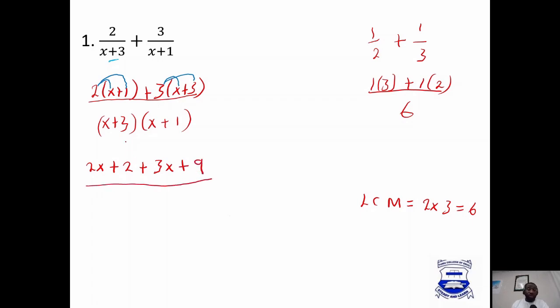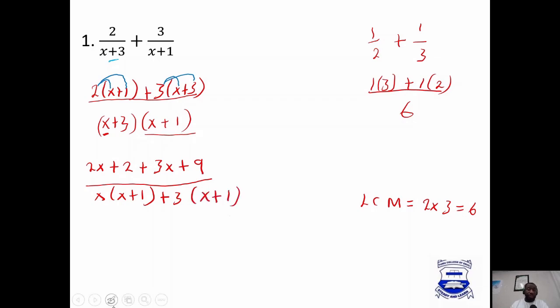Right? Now, when we look at the denominator, we now have to multiply these two. So first of all, I'm going to multiply x by the whole of x plus 1. So I have x parenthesis x plus 1, right? Then after that, I multiply the 3 by x plus 1. So it's going to be plus 3 parenthesis x plus 1.